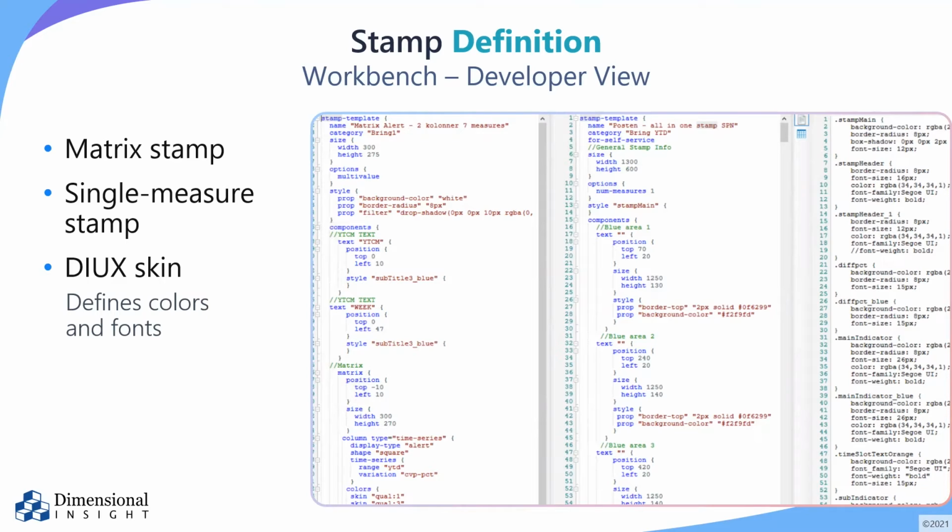The second file is the single measure stamp, which is built by using several standard stamps, sliders, line charts, indicators, and alerts, and then merged together in a larger stamp. The biggest part of the job was actually to count pixels from the top left to get the components in the right place. For color and fonts, we have used the standard DX skin file and complemented the file with some own definitions.